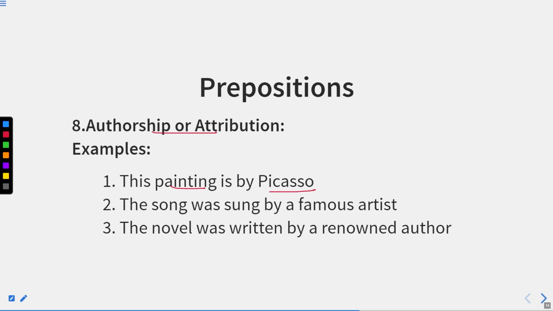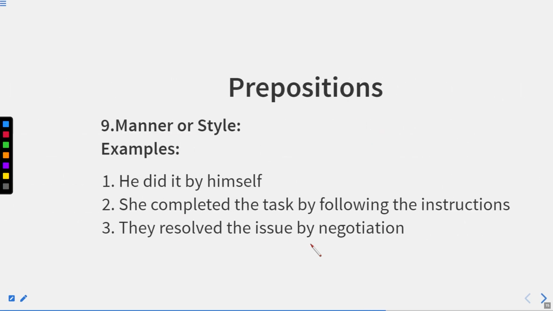The song was sung by a famous artist. It means this work has been done by this person; here again we are trying to show the agent of that particular action. The novel was written by a renowned author. So we are showing the authorship of this novel, and we are using the preposition by with it. Now let us move to the next one.